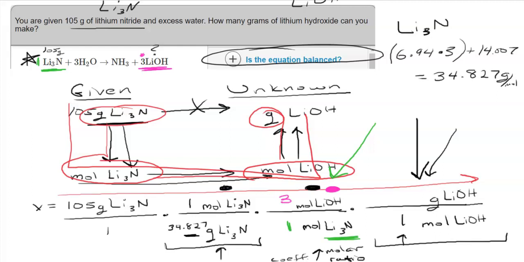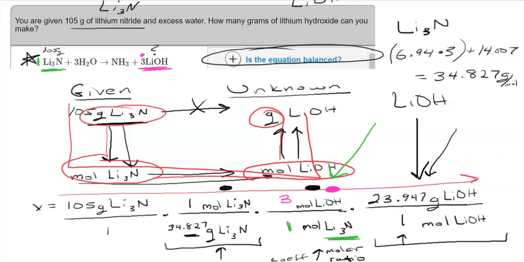So if I go to my periodic table, I have LiOH. I've got 1 lithium, which weighs 6.94 grams, plus 1 oxygen, which is 15.999, plus 1 hydrogen, which is 1.008. And so the molar mass of lithium hydroxide is 23.947.